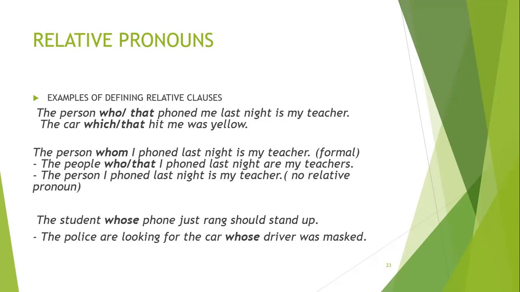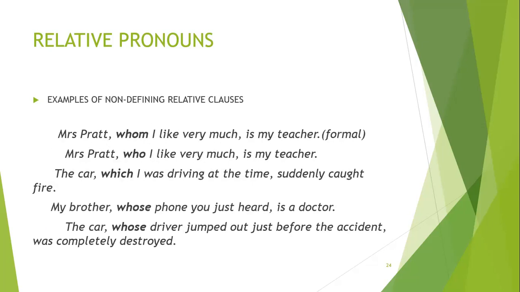We don't use which with people, all right? The person whom I phoned, so when you use whom, you're being extra formal, and it's showing the object position. The student whose phone just rang should stand up. Here you're showing possession, and the possessive relative pronoun is whose.